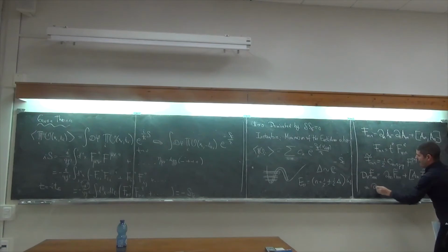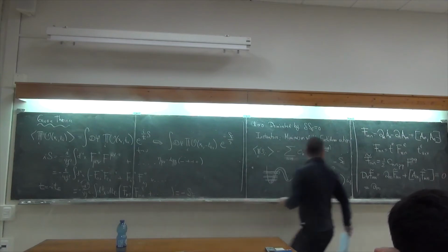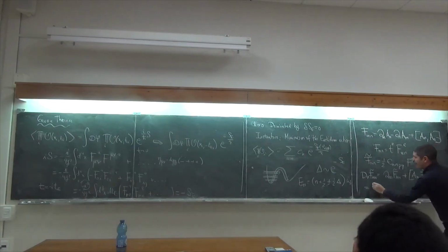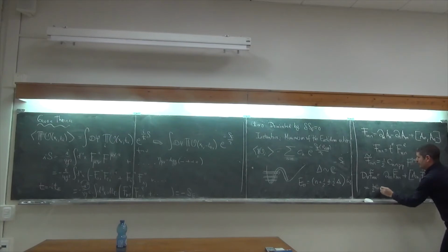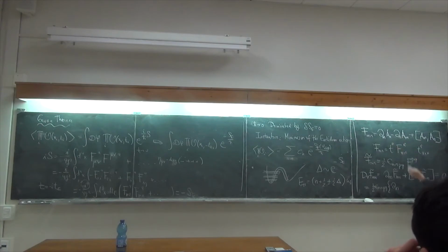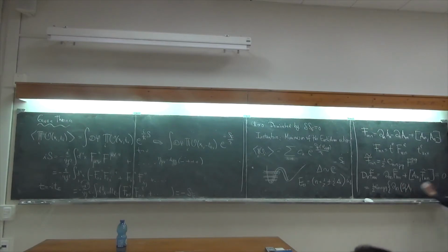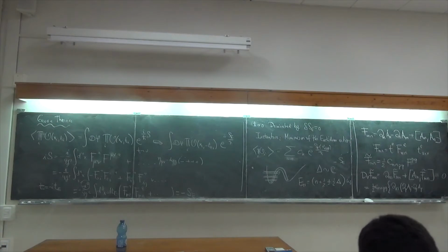Therefore, I have D_m of, okay, I have here 1/2 epsilon_mnpq. Then here I have D_m of F_pq. F_pq is d_p A_q minus d_q A_p plus a commutator of A_p and A_q.